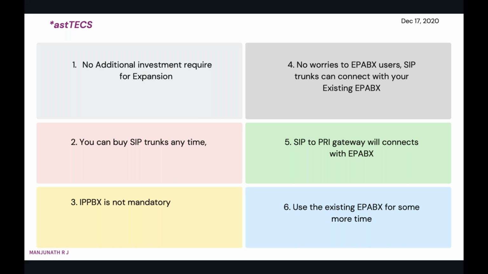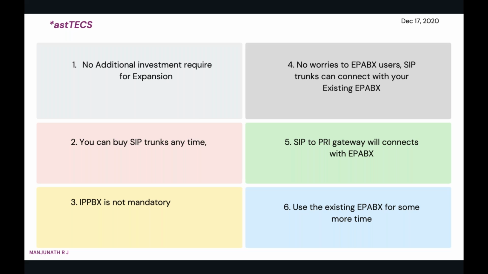So today we have solved the problem. What is that? No additional investment is required for expansion. As I told you, this way you can use the SIP gateway to gradually place newer phone equipment or newer telecommunication users, or you could wait to invest in a new technology later when your funds permit.